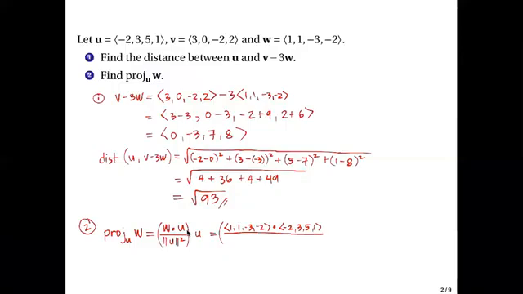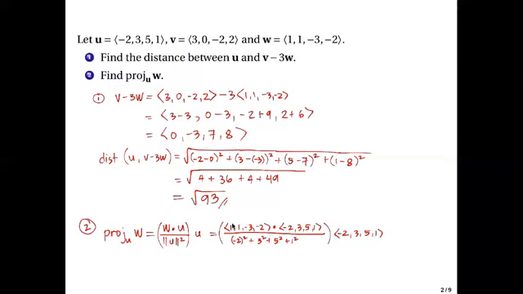And then for the denominator, we just get the norm of u squared. So you just square each component and then you add: negative 2 squared plus 3 squared plus 5 squared plus 1 squared. And then the vector u, negative 2, 3, 5, 1.